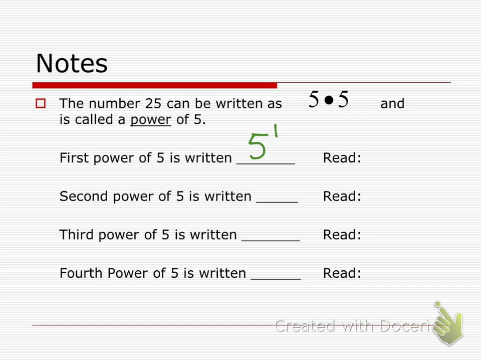Normally, if we're just going to write the number 5, we don't put that there, but it does exist. And we could either call it 5 or 5 to the first power. So that is how we would read it. Usually we would just read it as 5, but you could read it as 5 to the first power.